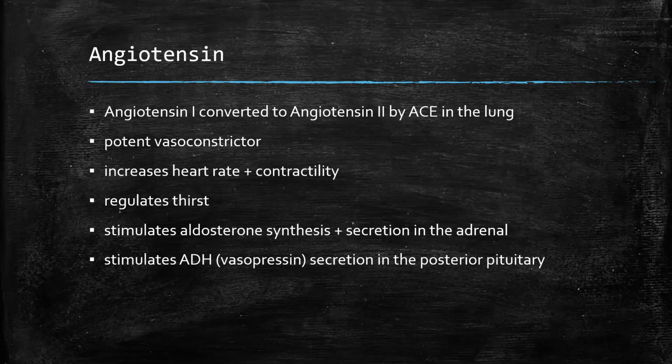This hormone on its own is a very potent vasoconstrictor. It also has effects on heart rate and contractility. It regulates thirst. And the use that we're most familiar with is that it stimulates aldosterone secretion in the adrenal gland.